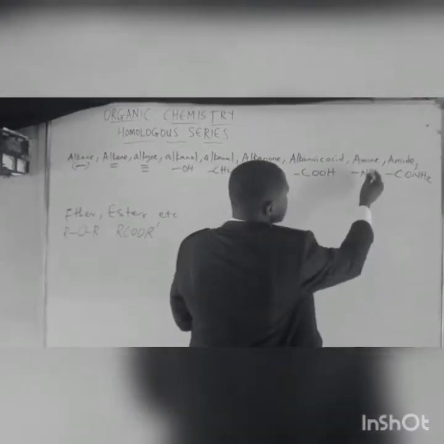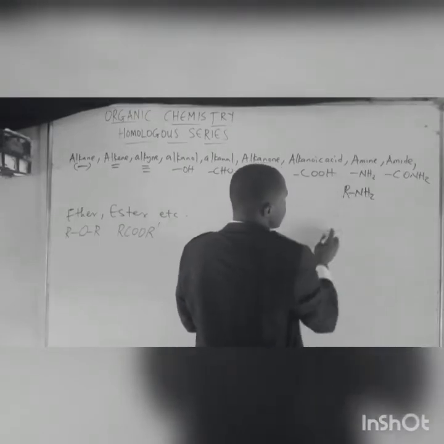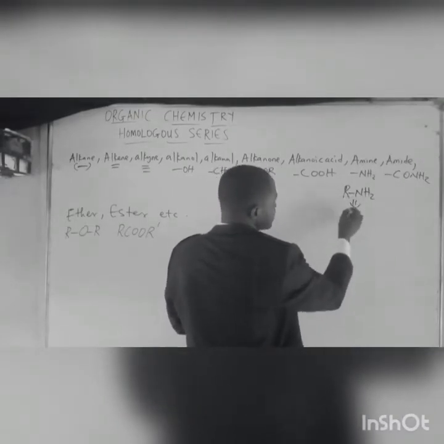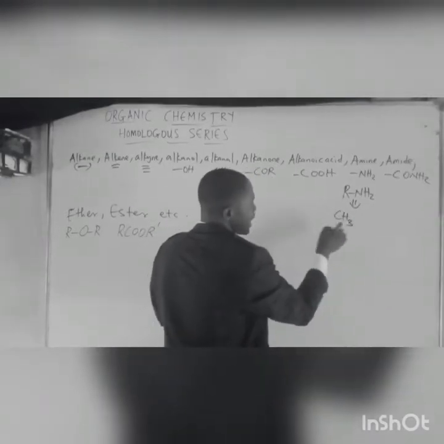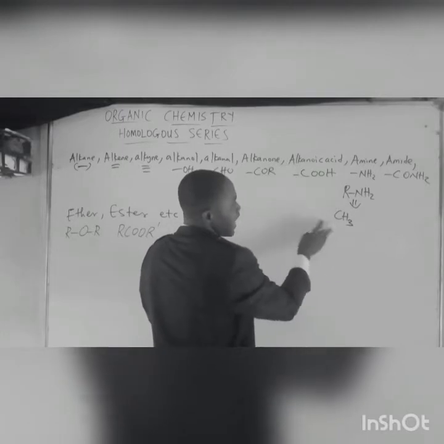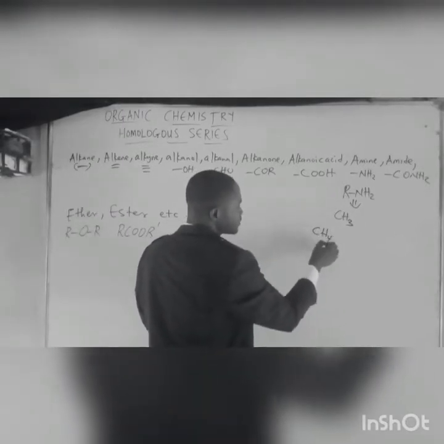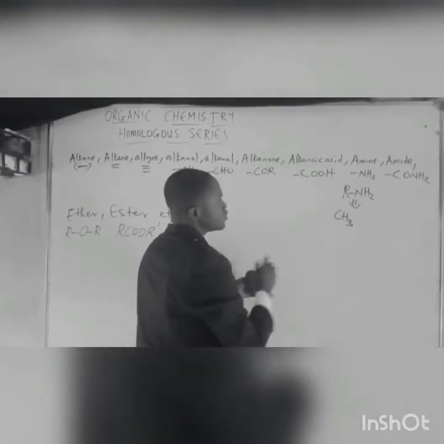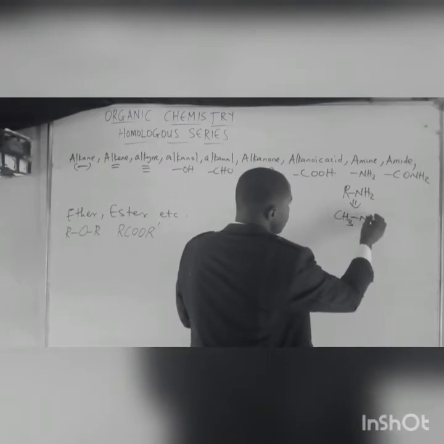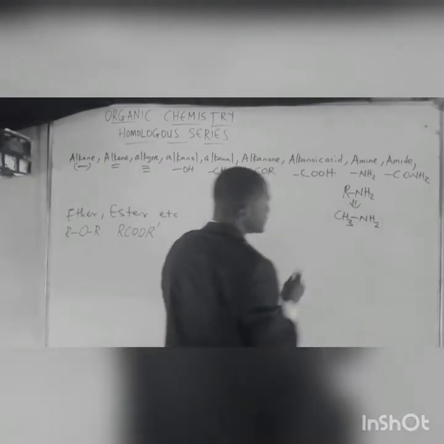Once you have this, where the arrow can be anything, such as an alkyl group. Alkyl group means alkane that has lost one hydrogen atom. So if you have CH4, it's methane. If you lose one hydrogen atom, you have a methyl. So when you have this, we call it methylamine.